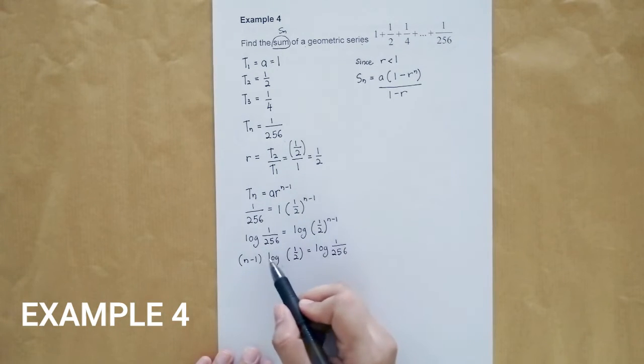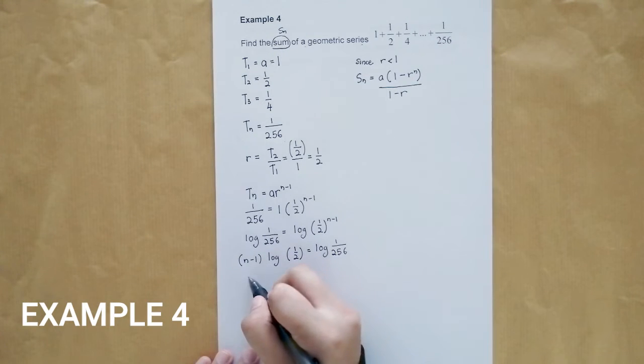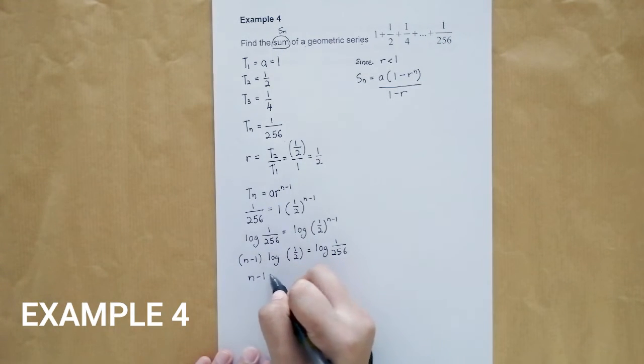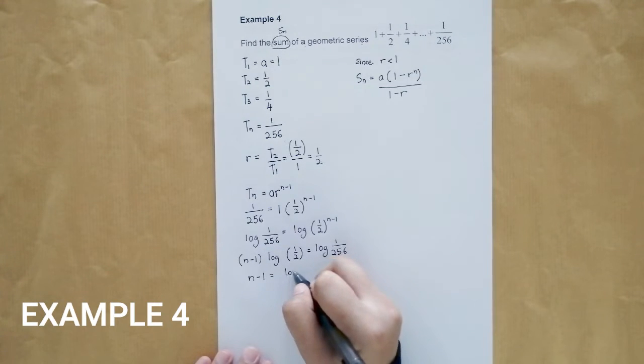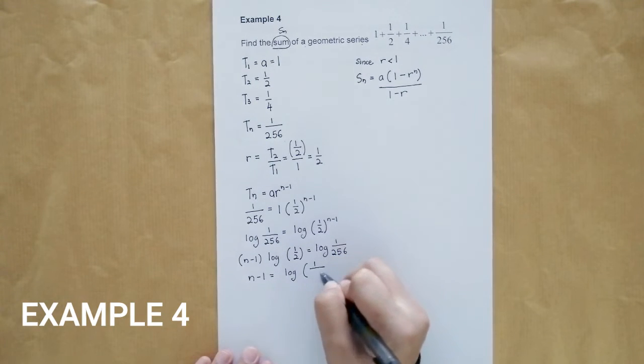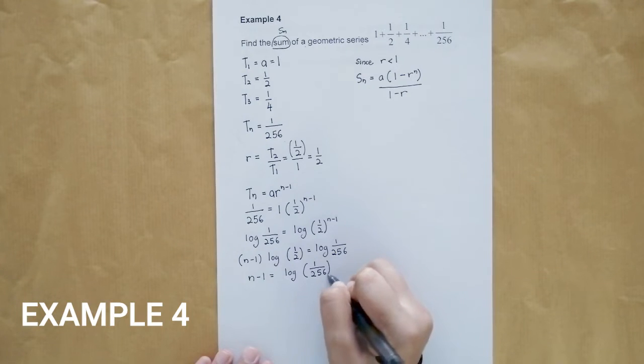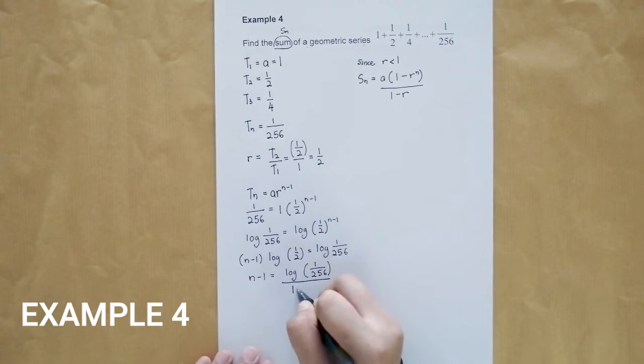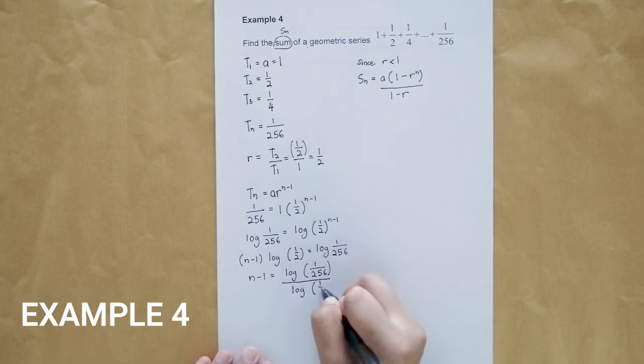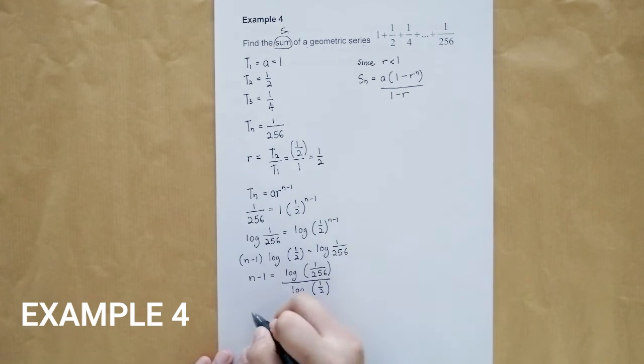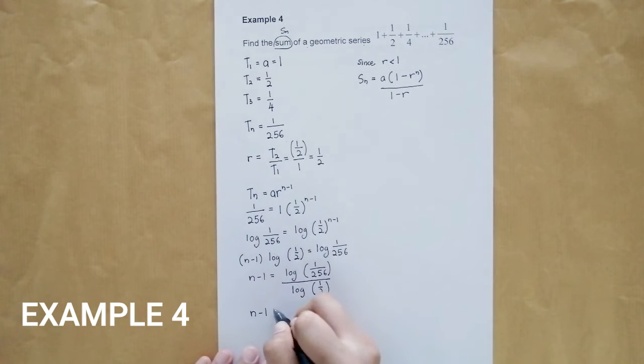Okay, we can divide the whole equation by log half. So we have n minus 1 equal to log 1 over 256 over log half. So, based on your calculator, we get n minus 1 equal to 8. So, n equal to 9.